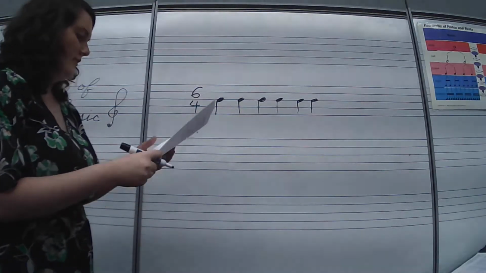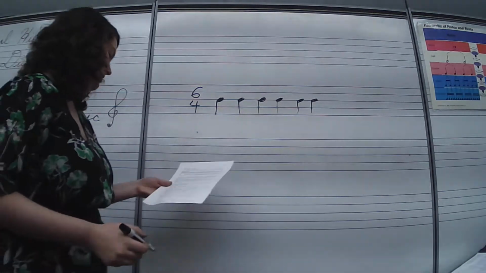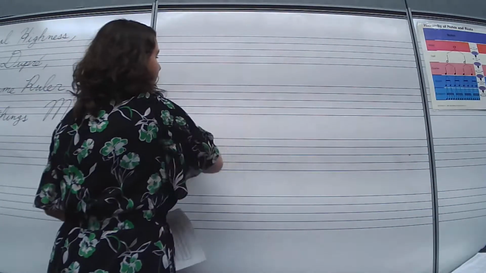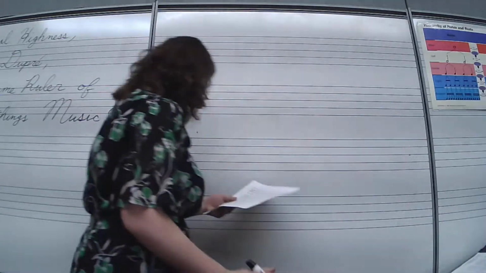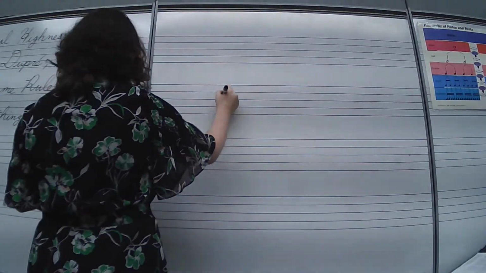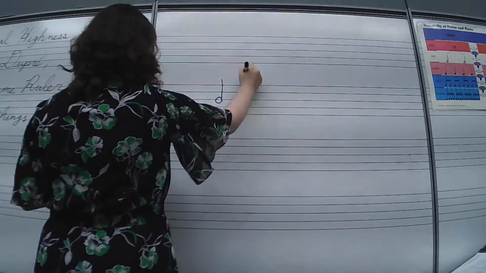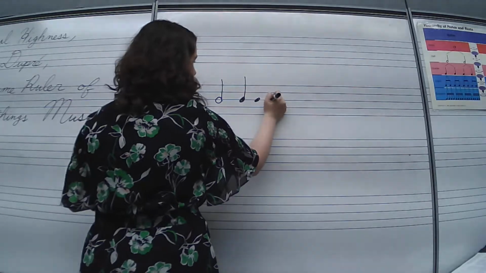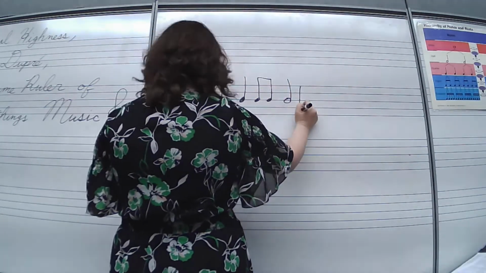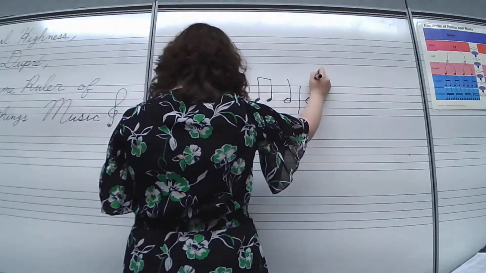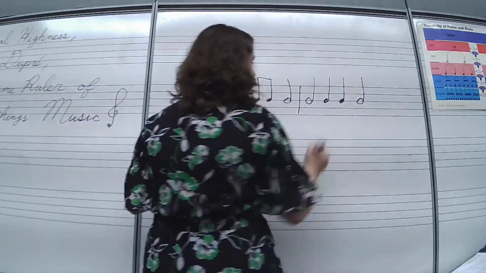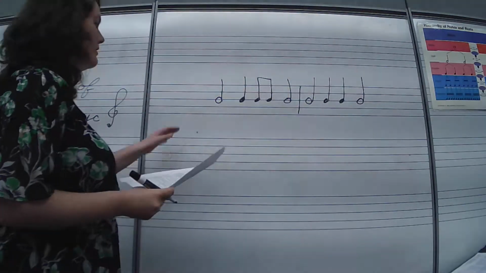Now, number 3 says write the time signatures in the boxes. And you're still doing quarter notes. Only quarter notes are the beat right now. So for example, they have this as your example measure. We need to figure out how many beats.